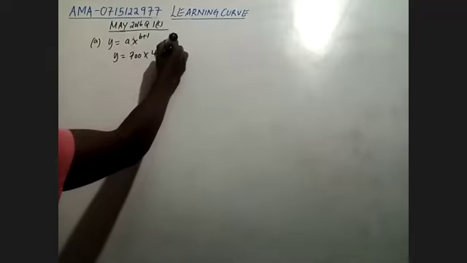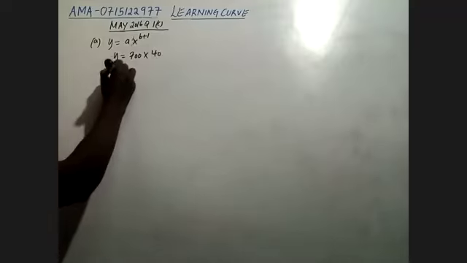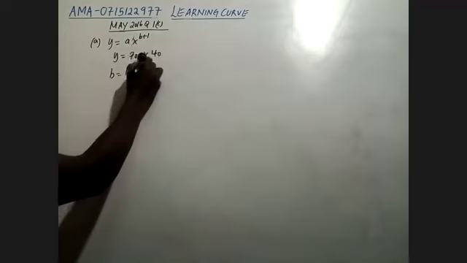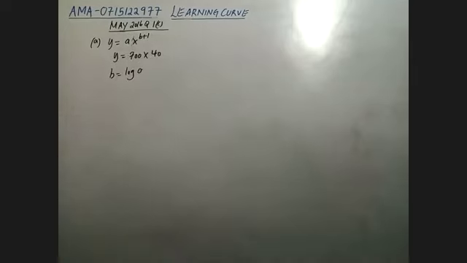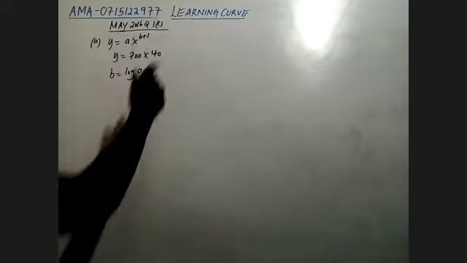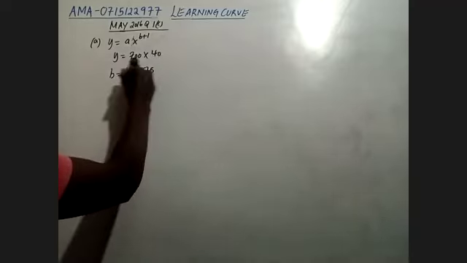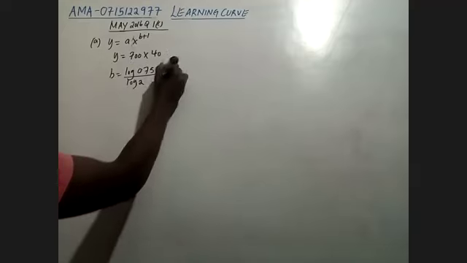We need to find the B. Now B, log of 0.75 over log 2. Watuambia rate ni ngapi? The rate watuambia ni 0.75.